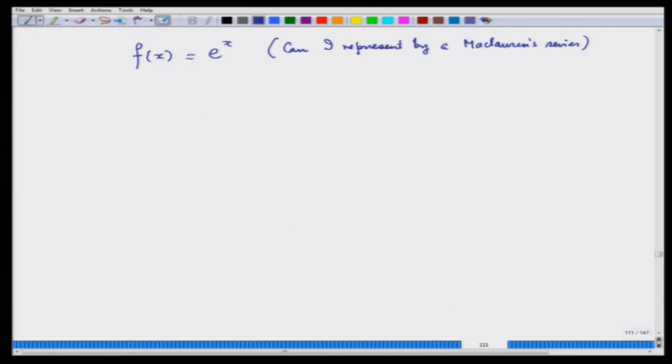Now we are going to try to estimate the error of this function when you write a Taylor polynomial around x equal to 0, and then see what happens. We will consider any x in R, and see what we can do about the error. So, for e to the power x, the Taylor polynomial at 0 can be expressed like this.